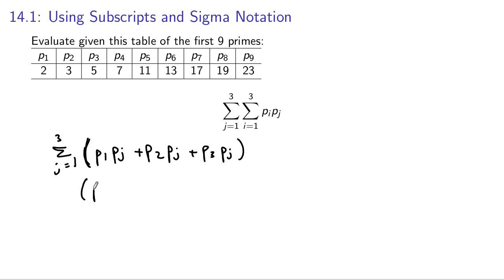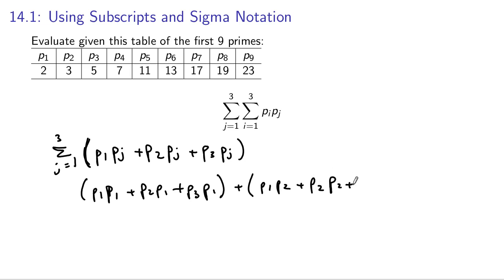We would have p sub 1 p sub 1, plus p sub 2 p sub 1, plus p sub 3 p sub 1, plus, by putting in j as 1, p sub 1 p sub 2 for j is 2, plus p sub 2 p sub 2, plus p sub 3 p sub 2, plus p sub 1 p sub 3 for j is 3, p sub 2 p sub 3, plus p sub 3 p sub 3.